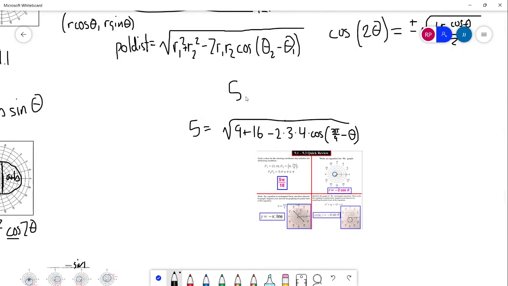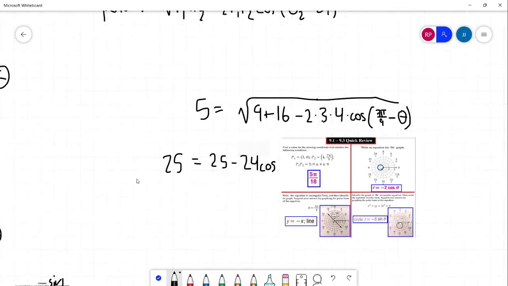So then let's simplify in here. We can square both sides, so we can have 25 equals 25 minus 24 cos of 7 pi over 9 minus theta, but I'm just not going to write it because it's going to go over the problem.